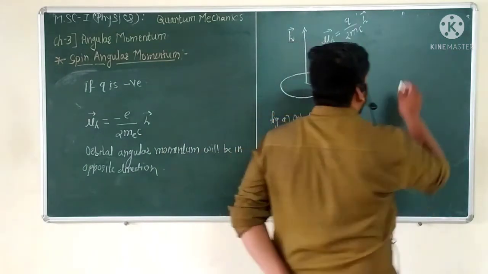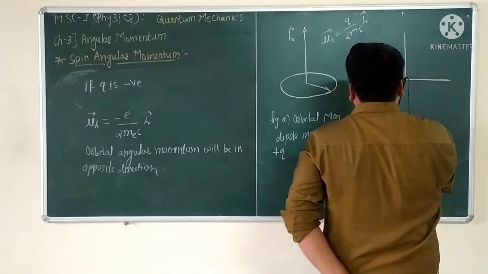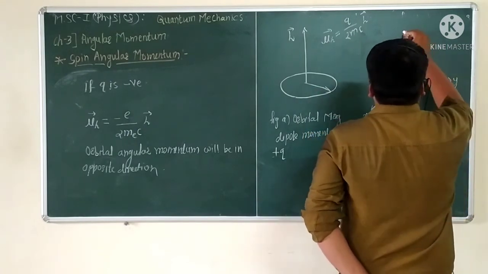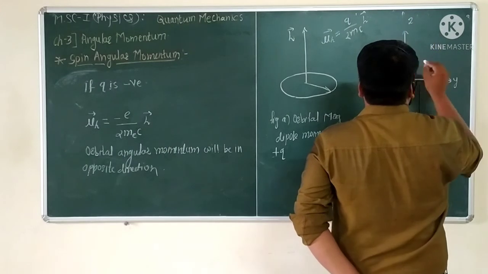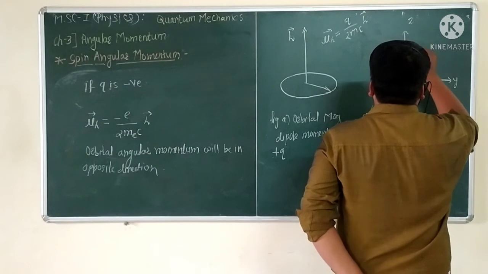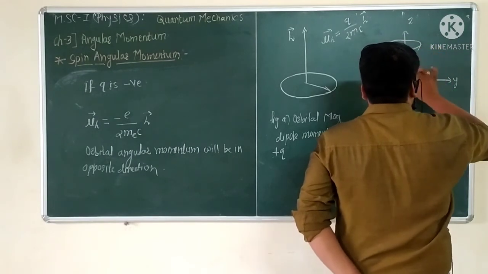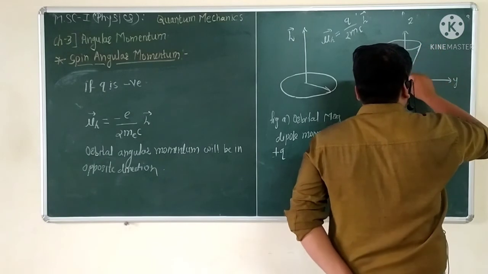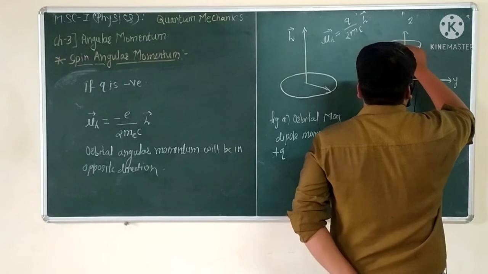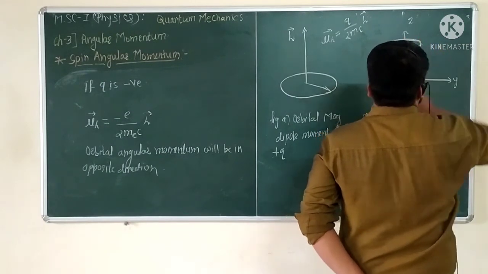If we take the x, y and z axes, for example this is the x-axis, this is the y-axis, and this is the z-axis, the precession is along this z component, like this. Okay, and the default direction is anti-clockwise. So this is the precession of the orbital angular momentum.